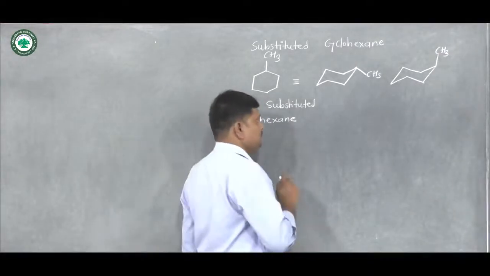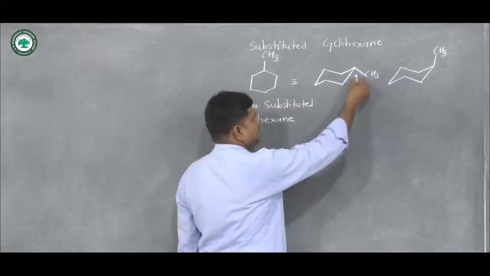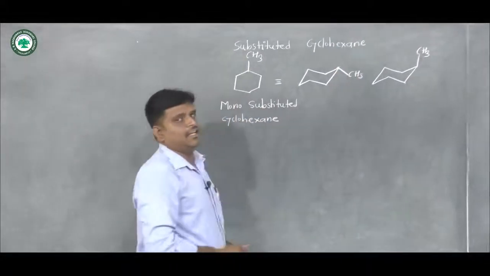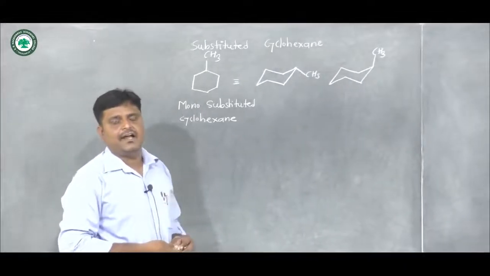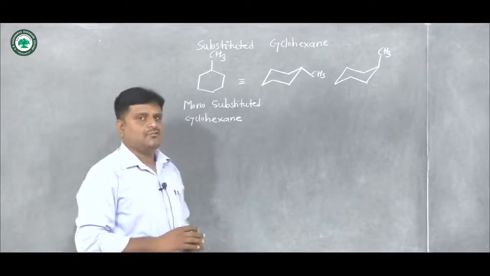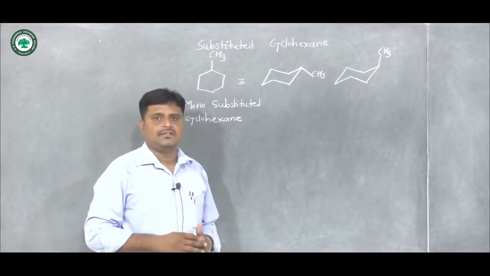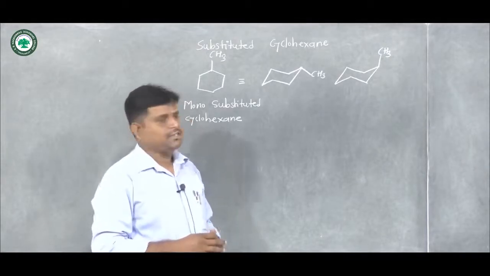These are the two possibilities: one has the methyl at the equatorial position and the other has the methyl group at the axial position. Now we try to get some information regarding its stability.